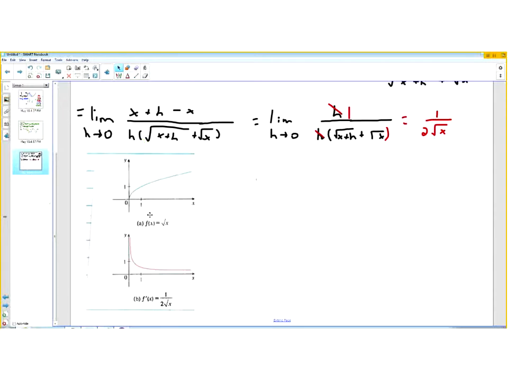So the blue curve is the square root function, and then the red curve is the graph of, right here, 1 over 2 times the square root of x. And you can tell that the square root function is an increasing function on its domain. Okay, so as x grows larger, the slope of the tangent lines remain positive, and that's shown here. You see in the derivative, as x grows larger, the values are all positive, and that's shown here.